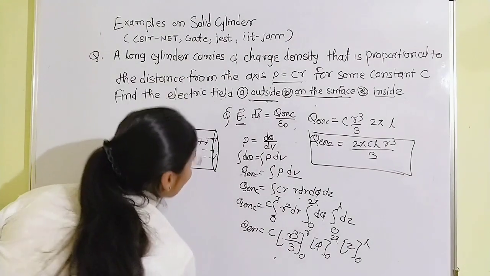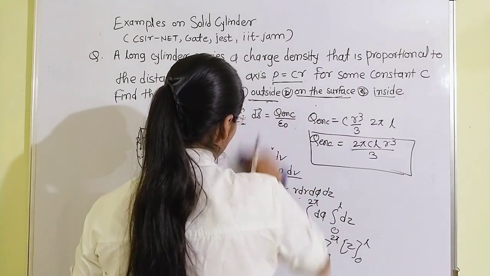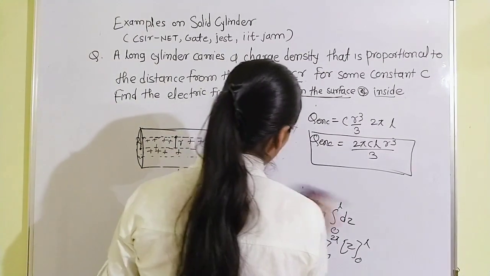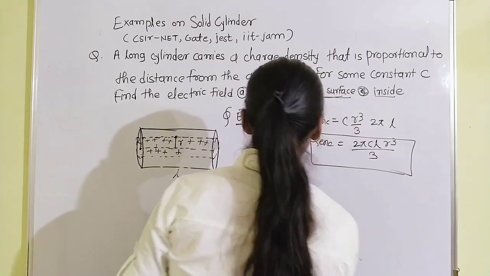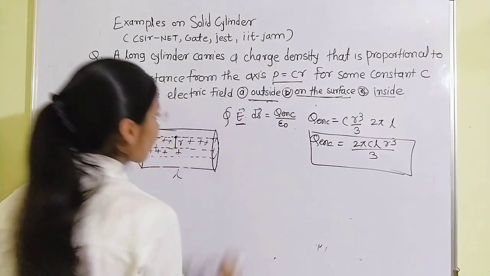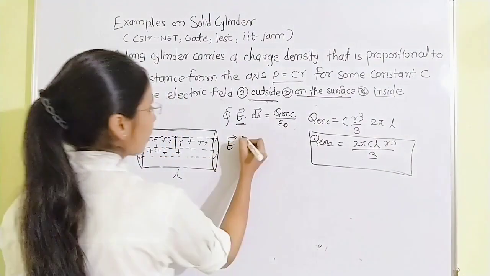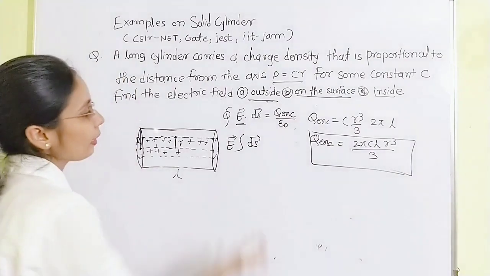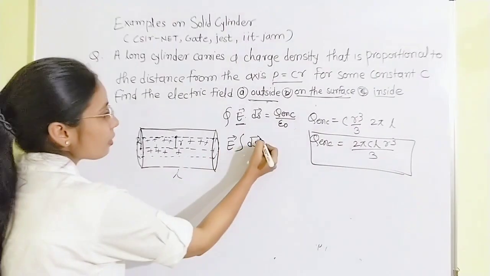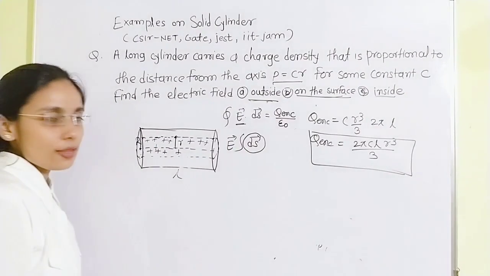So we have to find the electric field here. We equate the left hand side and right hand side. The electric field is a constant, so we will take it outside. This is integration ds bar, where ds is the area of the Gaussian surface.